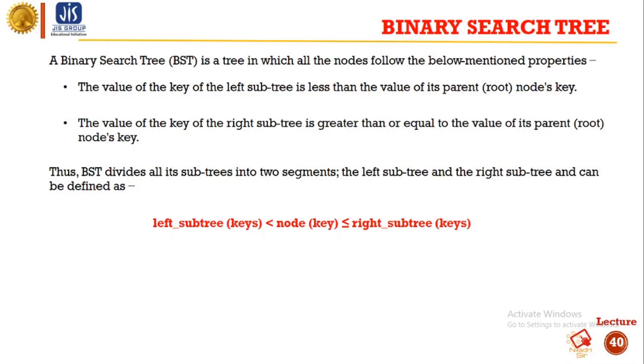The right subtree of a node contains only nodes with keys greater than the node's key. And the last part is the left and right subtree each must also be a binary search tree. So these are the features of a binary search tree.